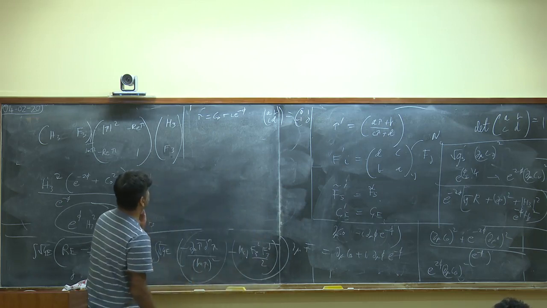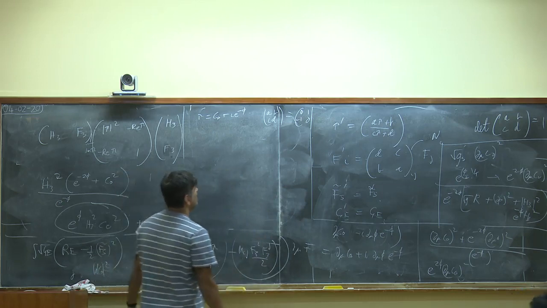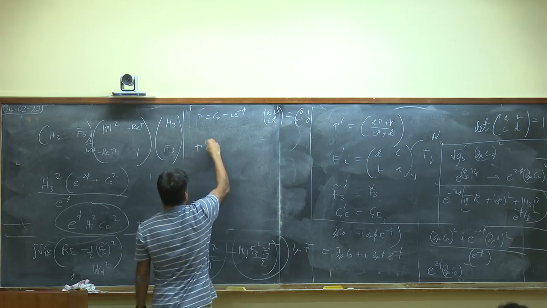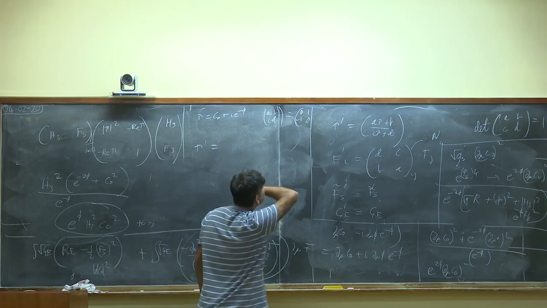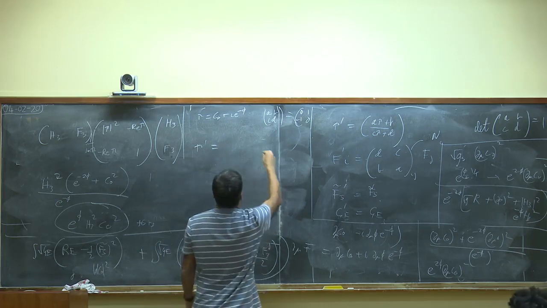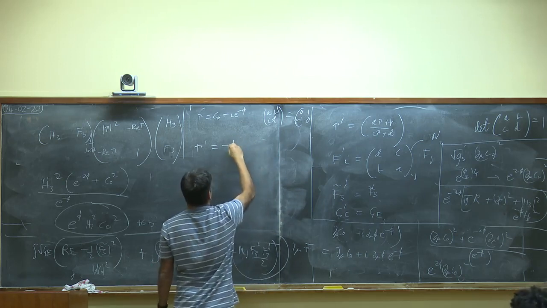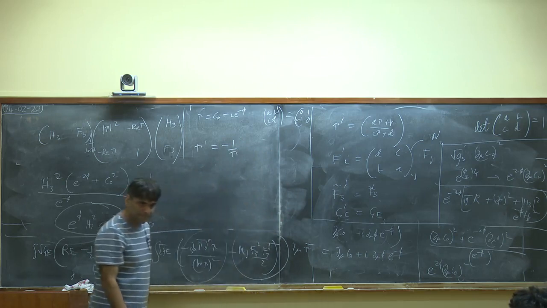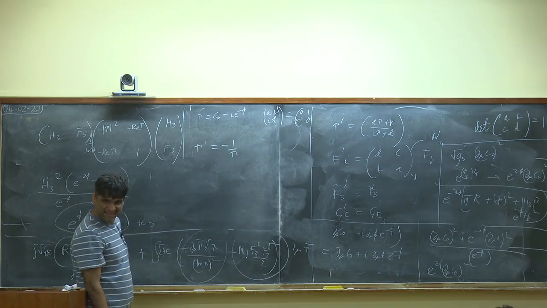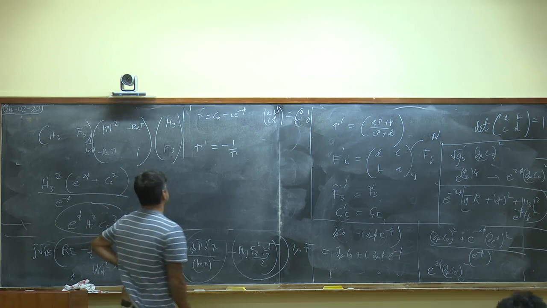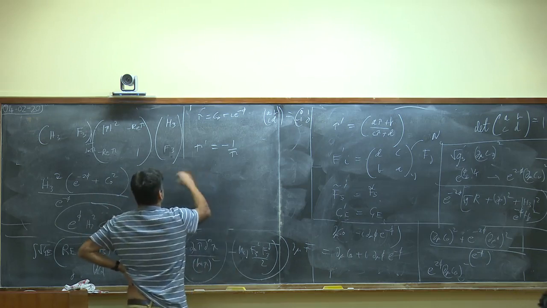Now let's see what this does to tau. Okay, so we have tau prime is equal to 1 minus 1 by tau. So let's see, what is 1 by tau?